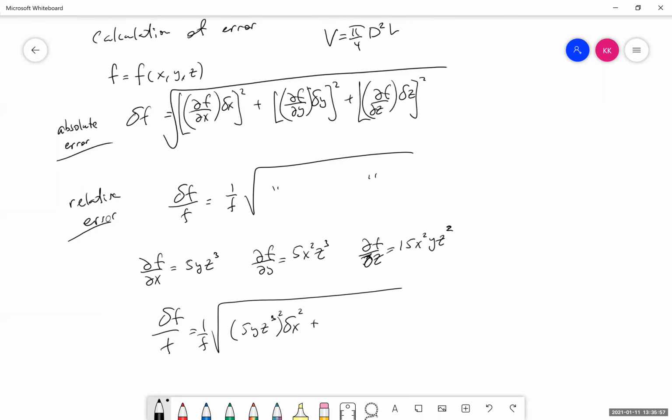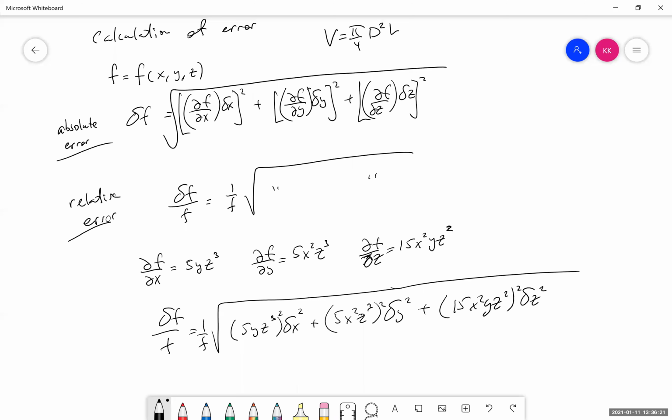Then plus partial f partial y, which is 5x squared z cubed, squared, times delta y squared, then plus 15x squared y z squared, squared, times sigma z squared.